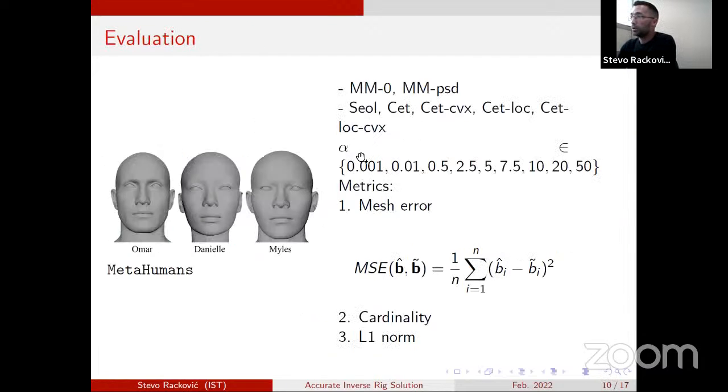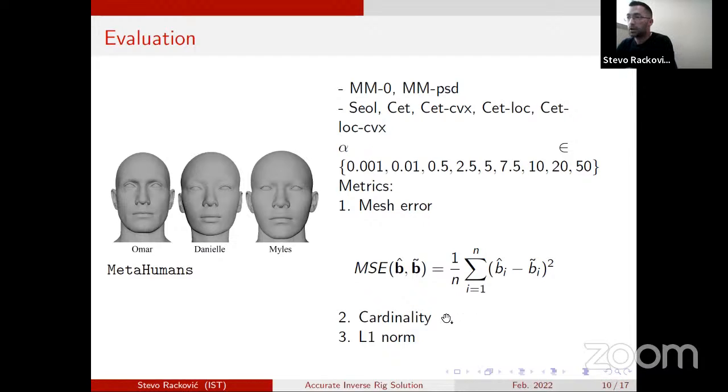Also, we work with different values of the regularization parameter to see what would be the optimal choice. It can differ for different characters, or for the same character with different approaches. The most important metric that we use here is mesh error, because we are aiming for accuracy. We simply compute the mean square error between the given mesh, which is B hat, and the obtained mesh, which is B tilde.